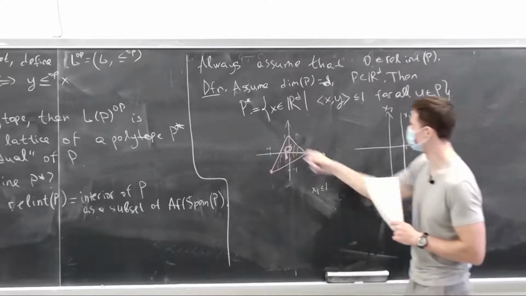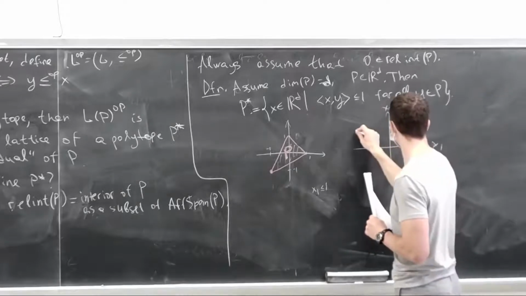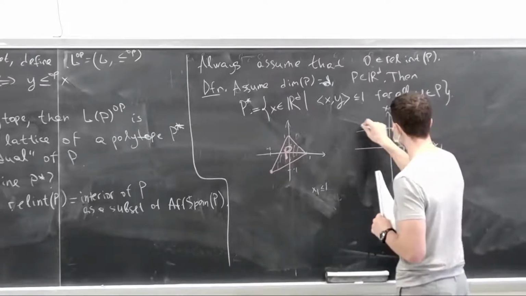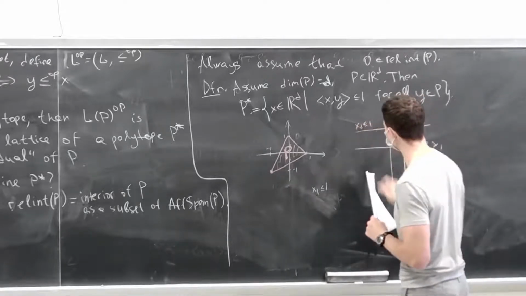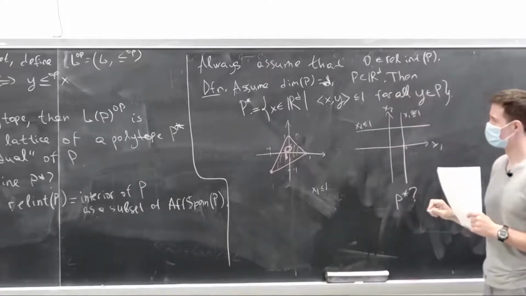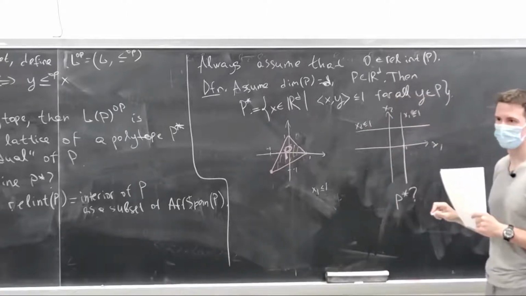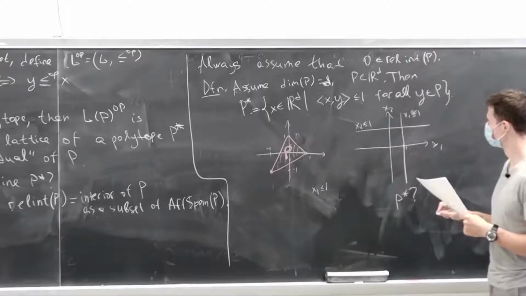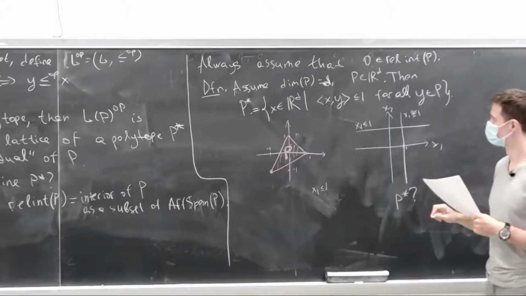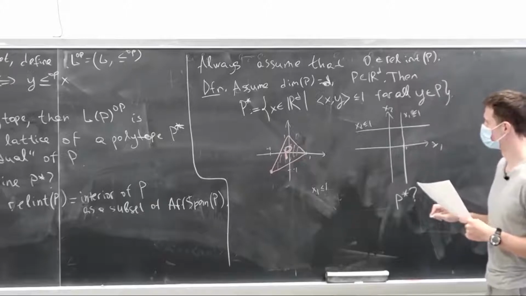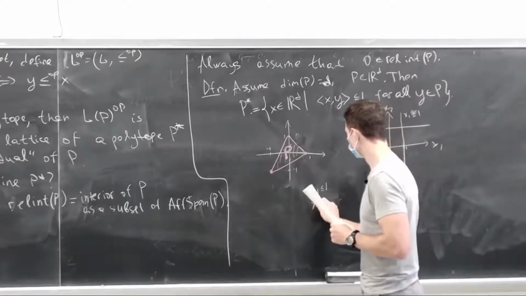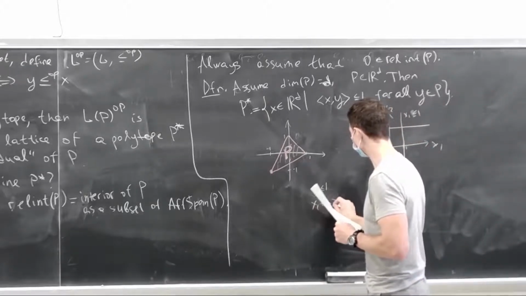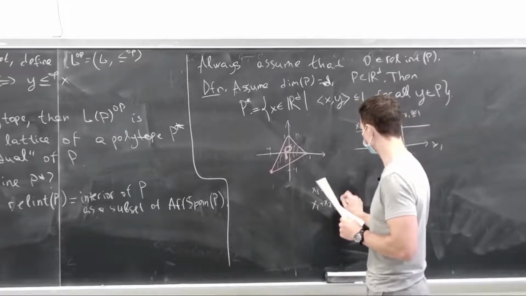And then I do maybe this vertex here, which is going to give me x2 less than or equal to 1. And then what's the other inequality?